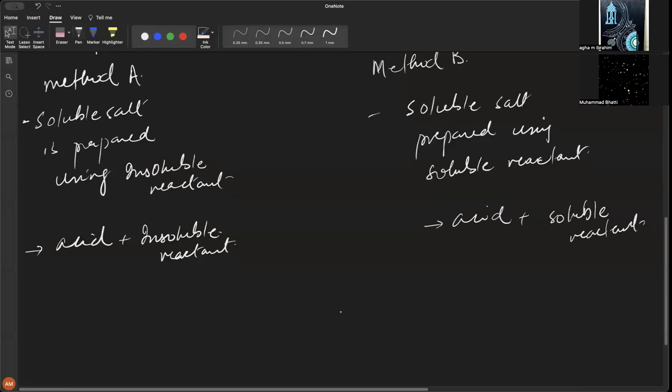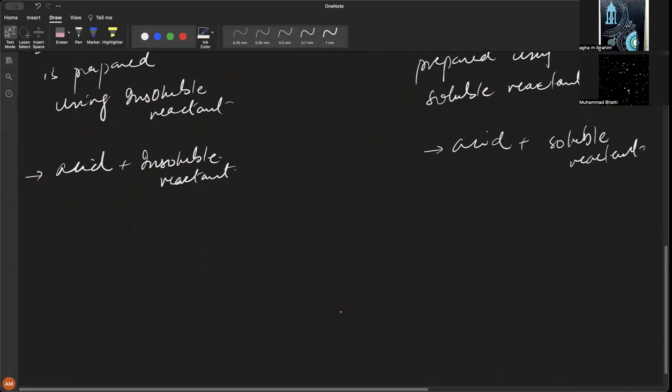So when we talk about method A, this method involves making a salt using an acid and an insoluble substance. Acid and insoluble substance. Like how? Look at this.